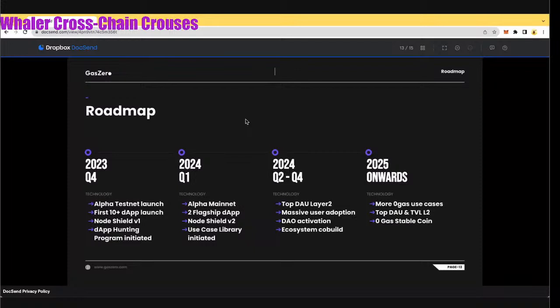We want to activate the DAO, and we want to build the ecosystem with more partners in the blockchain field. And in 2025, we'll be focused on more use cases and on increasing TVLs for DeFi protocols, and on launching the zero gas stablecoin.